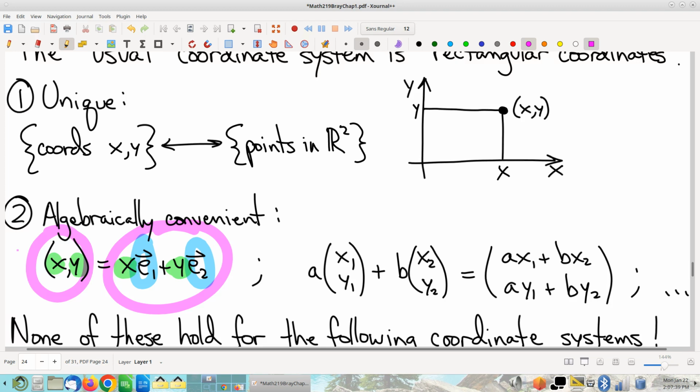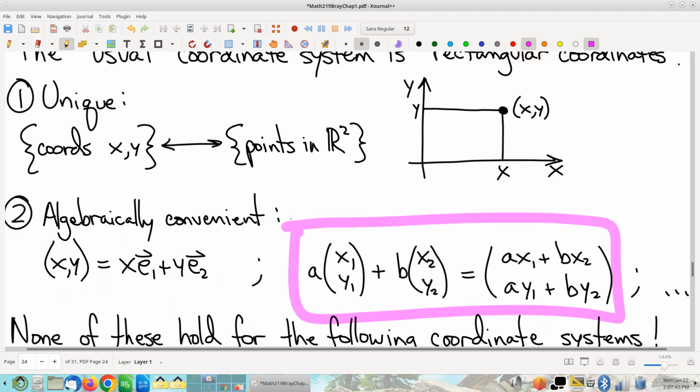Arguably, depending on how you look at it, this is a special case of a more general fact that when you take a linear combination of vectors, you can take the corresponding linear combinations in the coordinates themselves. Very handy, very convenient for vector algebra computations and various kinds of arguments.